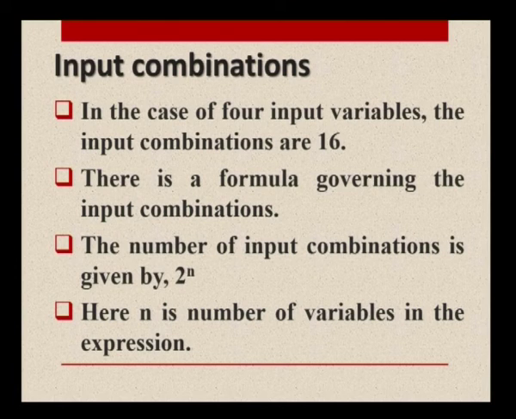That you could notice. There is a formula governing the input combinations. The number of input combinations is given by 2 to the power n. Here n is the number of variables in the expression. So, in a nutshell, if you increase the input variable by 1, then the combinations will double in number.